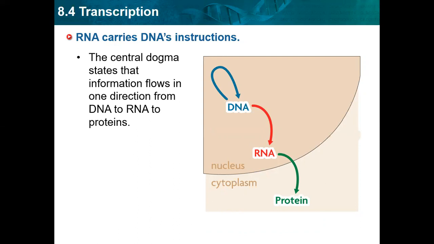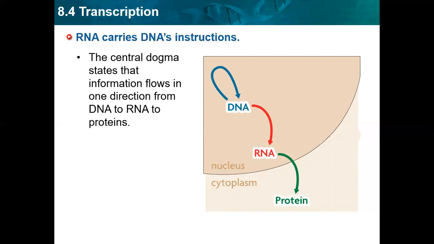But the translation process happens in the cytoplasm in both the eukaryote organisms and the prokaryote organisms. The reason is basically because the ribosomes, the materials which are needed in the production of protein, are found in the cytoplasm rather than in the nucleus. So the nucleus doesn't have enough of the material which is needed for the process of translation.